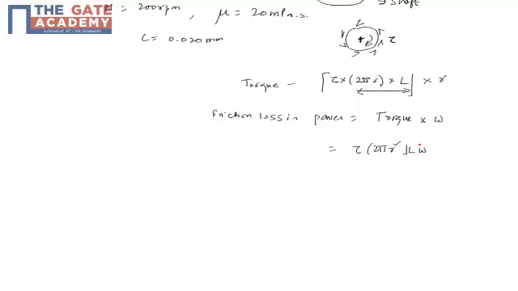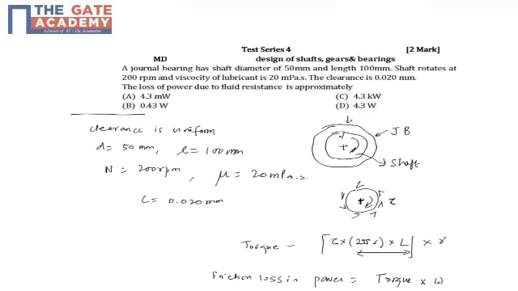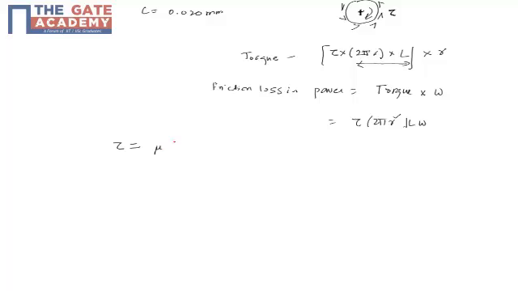This is your formula for the frictional loss. Now we can calculate everything, but how do you calculate tau? Assuming the gap is very small, you can assume the fluid behaves as a Newtonian fluid, and the shear stress is related to the velocity gradient by mu dv by dy.